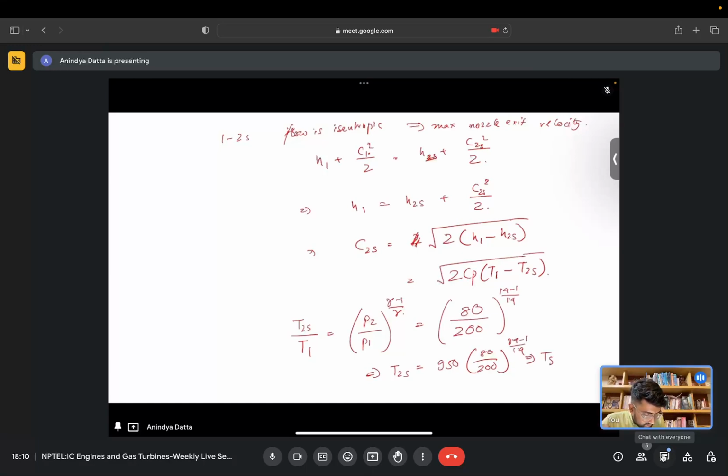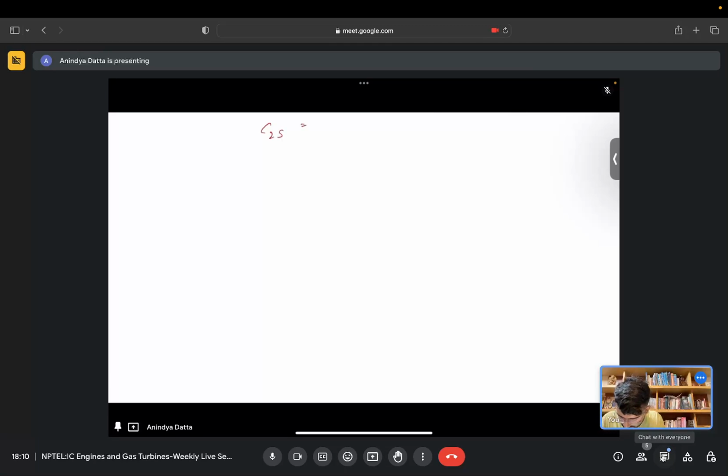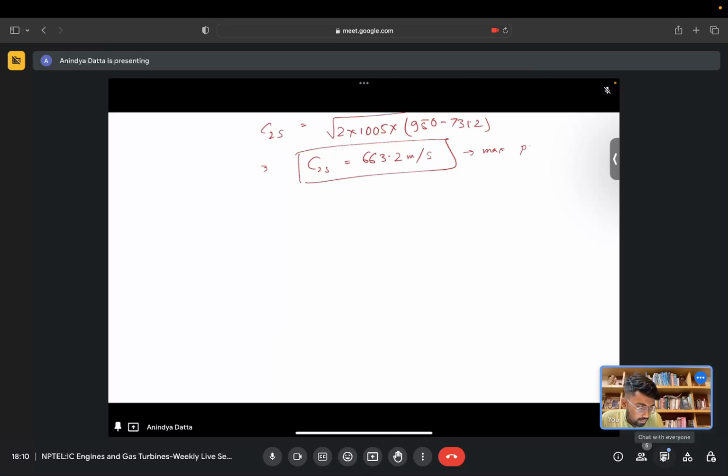We'll get T2s as 731.2 Kelvin. Now if we put this in, C2s will be square root of 2 times 1005 times (950 minus 731.2), so C2s comes out as 663.2 meter per second. Okay, so this is the maximum possible exit velocity.